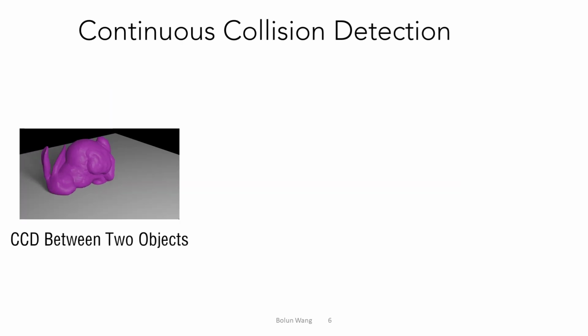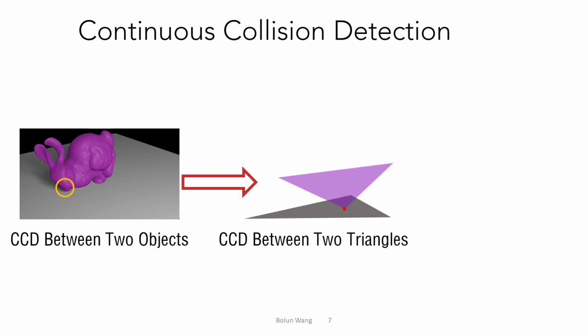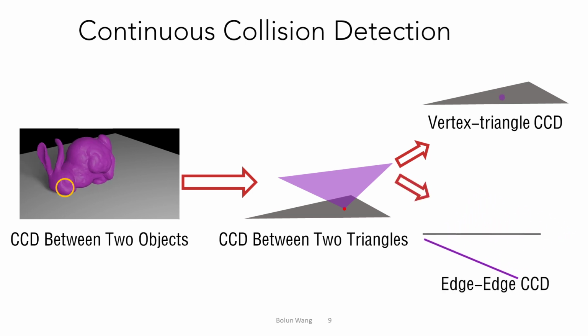After the linearization steps, the CCD between two objects can be converted to iteratively detecting collisions between two triangles. It can be obtained by two subproblems: vertex-triangle CCD or edge-edge CCD. It means that if a point hits a triangle, or any two edges hit each other, then the two meshes have collisions.